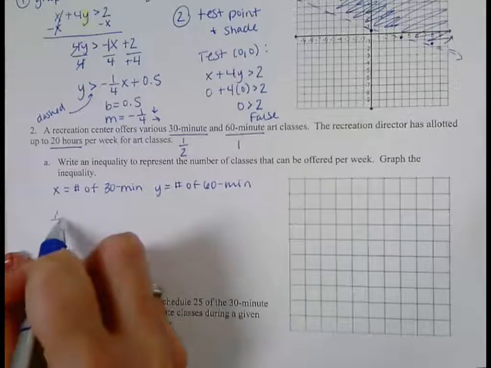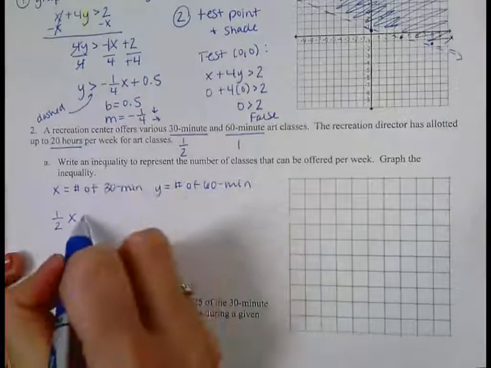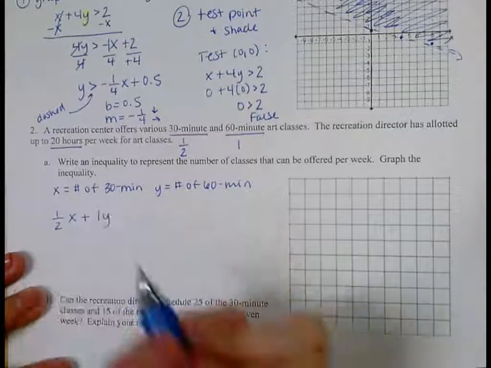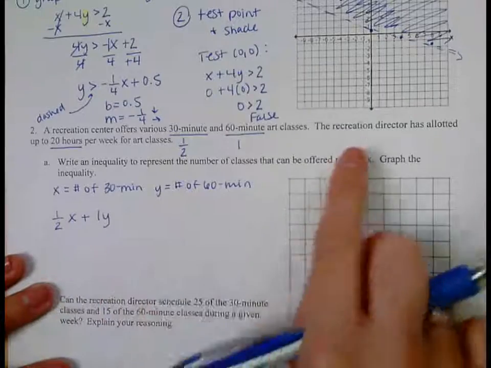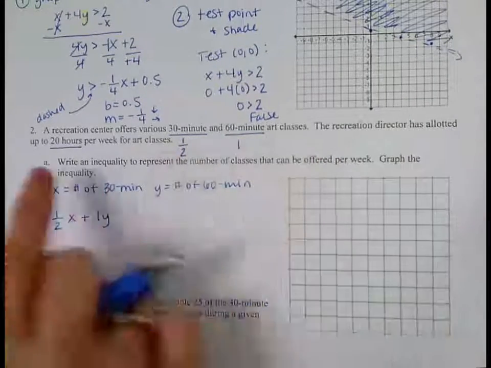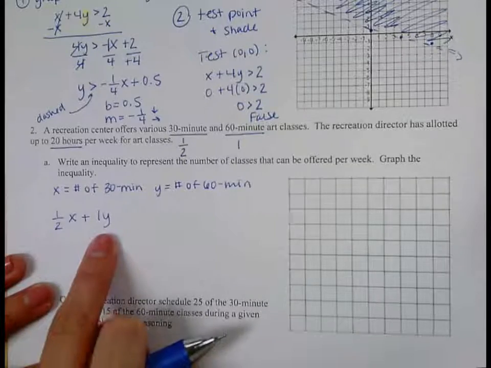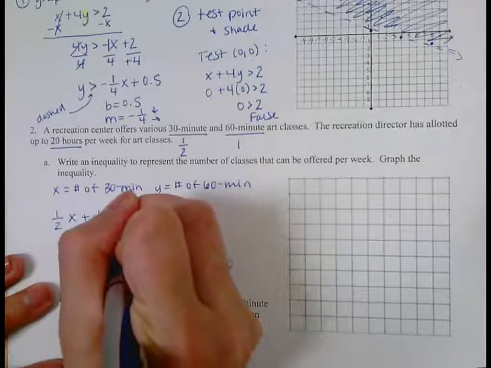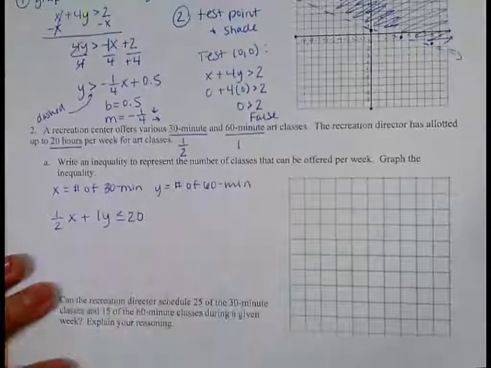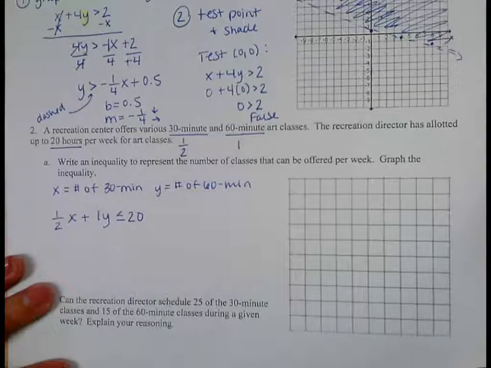I would have 1/2 x, so half an hour times the number of 30-minute classes, plus 1 y, or just y, so plus 1 hour times the number of 60-minute classes. And the director has allotted up to 20 hours per week, so this cannot be more than 20 hours, but it could equal 20 hours. So this needs to be less than or equal to 20.